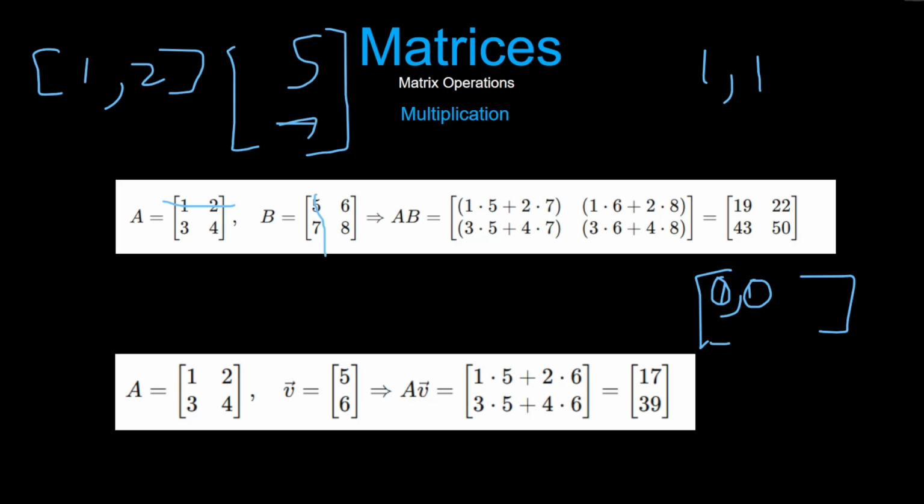If we do the dot product, we will have this multiplied by this plus this multiplied by this. So what do we have here? 1 into 5 is 5, and this multiplied by this is 2 multiplied by 7. So we will have 19 in the first place.